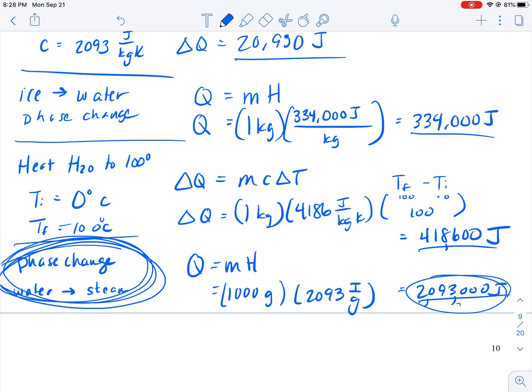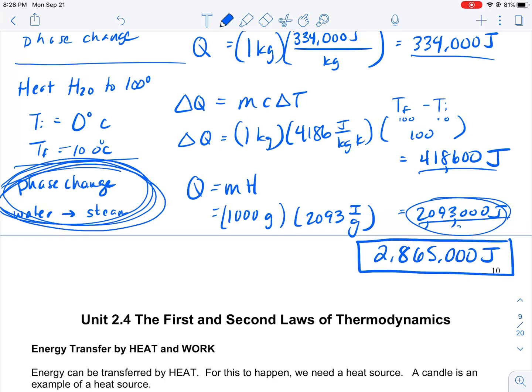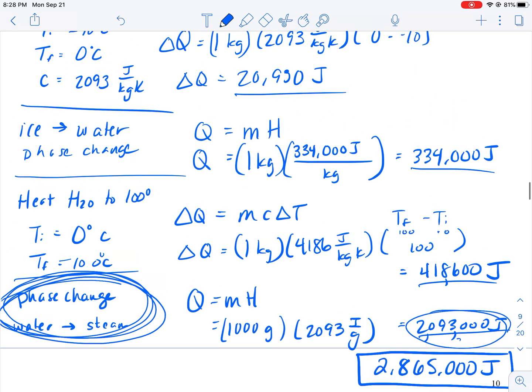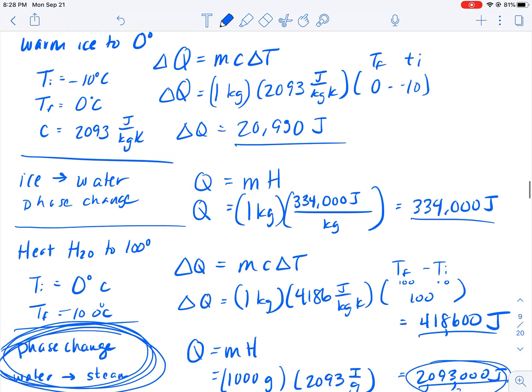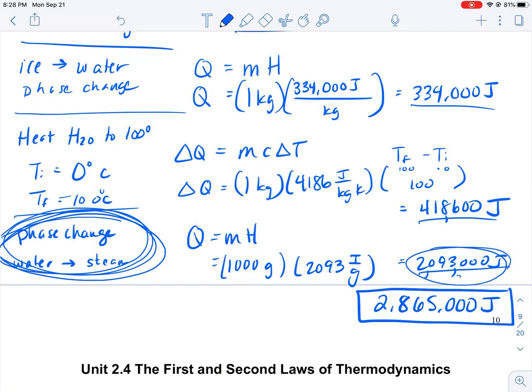And notice again that the phase change from water to steam is where most of the energy is. And when I add all of this together, I get about 3,031,000 joules of energy required to take 1 kilogram of ice, that's basically a liter of ice, like half a 2-liter bottle, from negative 10 degrees Celsius up to steam or water vapor.